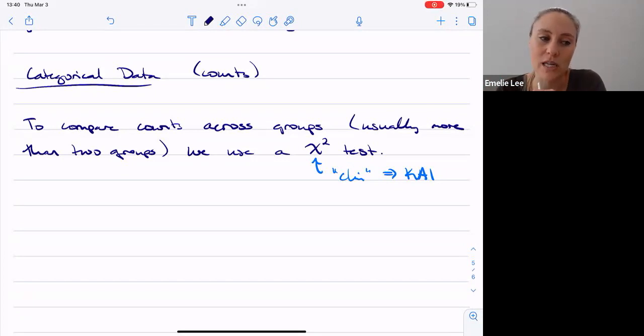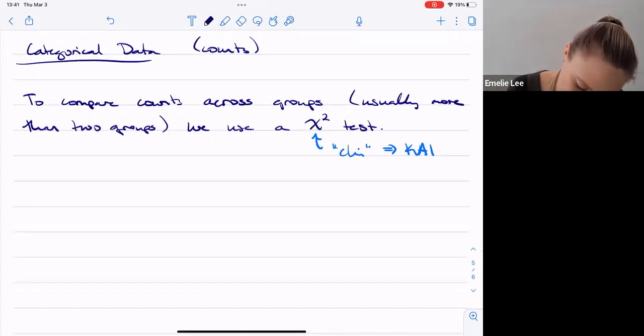So especially if you're comparing our shopping habits for women, is it independent from those of men, or does it depend on what your gender is for how many times you shop on Amazon, for example? That kind of thing. So now we're talking about independence across groups.